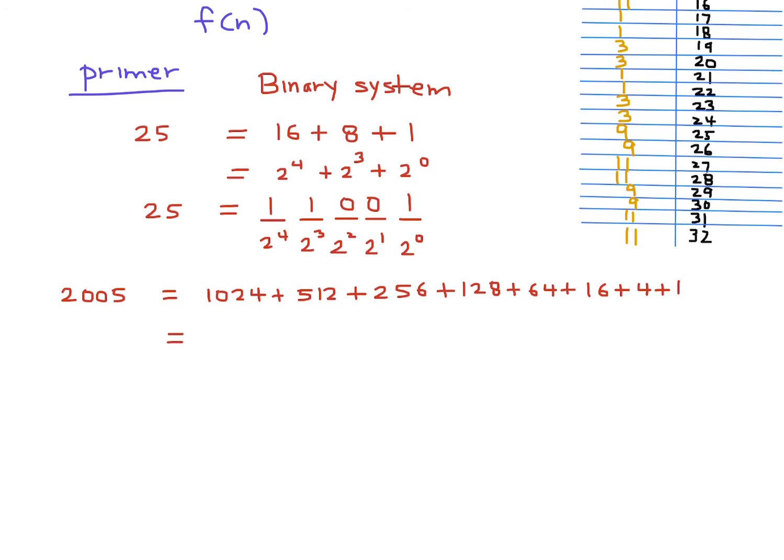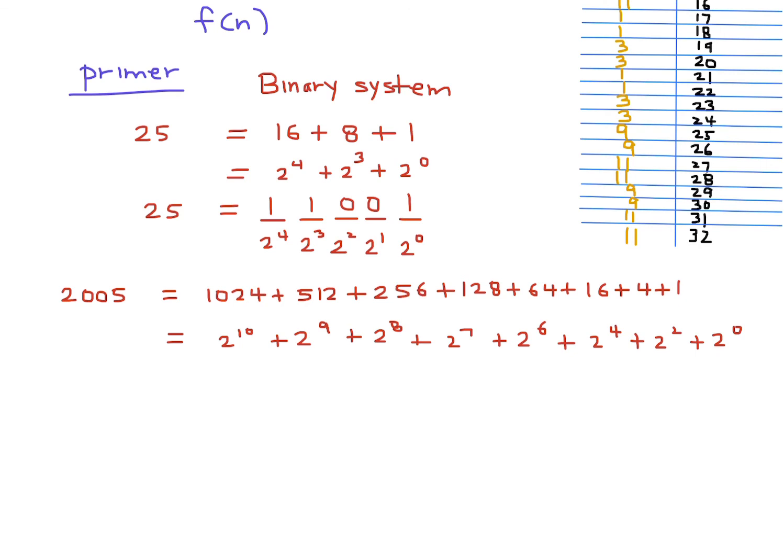And in terms of power of 2, this was 2 to the power of 10 plus 2 to the power of 9 plus 2 to the power of 8 plus 2 to the power of 7 plus 2 to the power of 6 plus 2 to the power of 4, 2 to the power of 2, and then finally 2 to the power of 0.